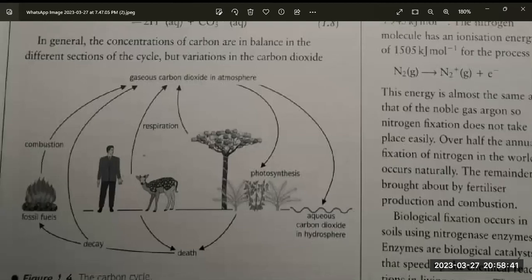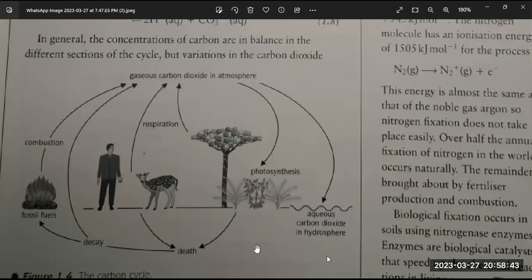When we speak about death and decay, death and decay goes into our fossil fuels, and we know fossil fuels are not easily regenerated because it takes millions of years for a piece of rock to be converted into fossil fuel.